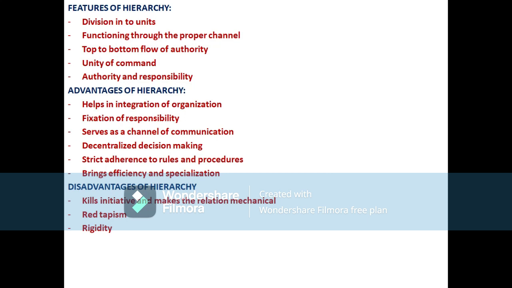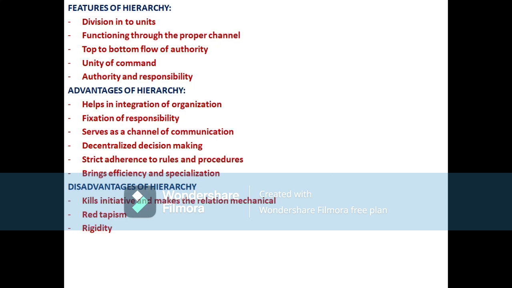And coming to unity of command, we all know that unity of command is nothing but the direction or the instructions given by the superiors to the subordinates. But here, unity of command means one subordinate should receive orders from one superior only, not more than one.